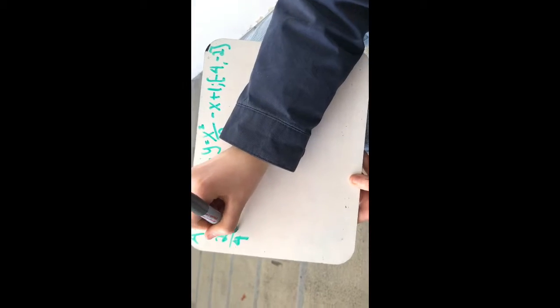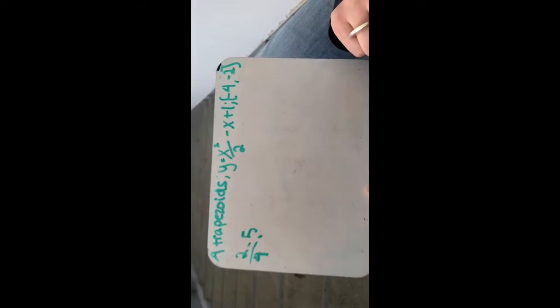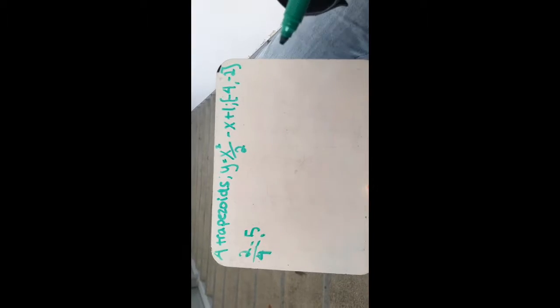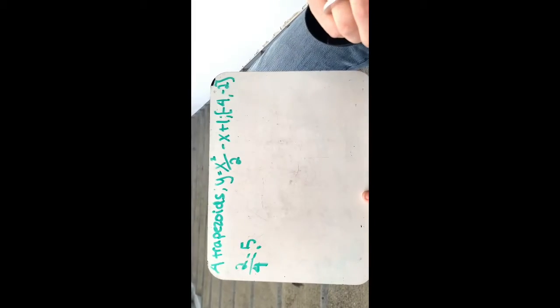And if we want 4 subintervals, we're going to divide that number by 4. So that means that the width of our trapezoid will be 0.5 or 1/2.